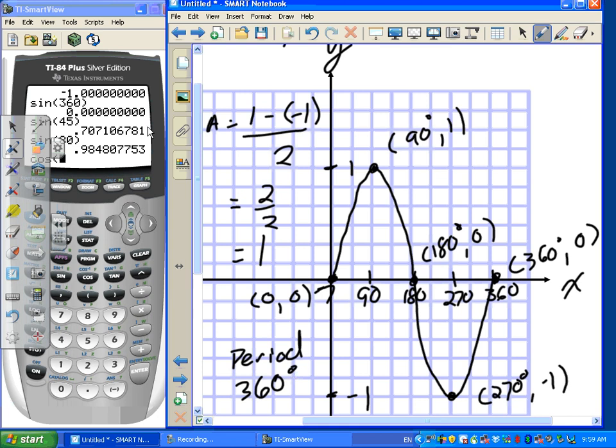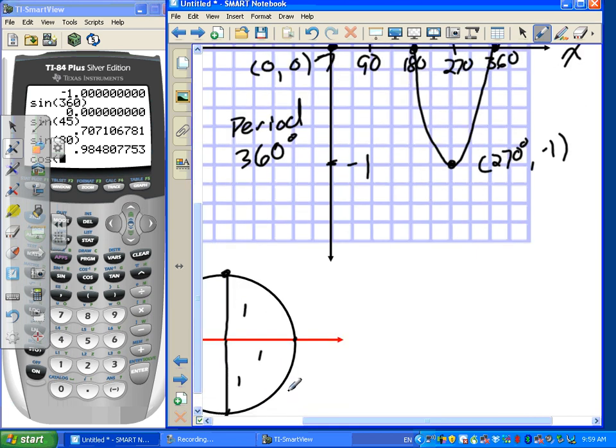Okay? And finally, domain and range. Remember, our domain, element of all real numbers. I actually gave you the domain in the question. I only wanted you to draw between 0 and 360. So that was your domain.